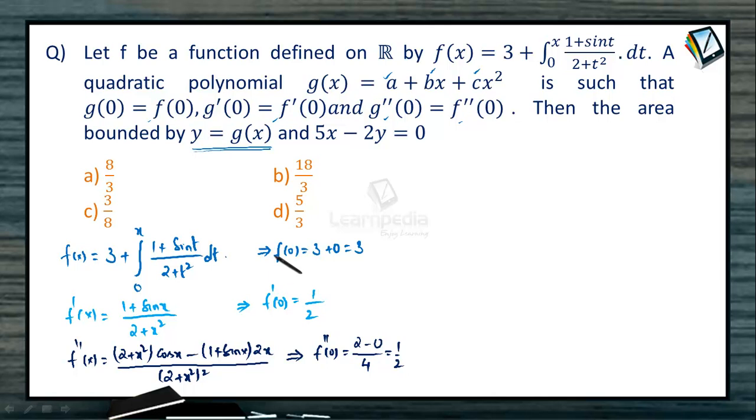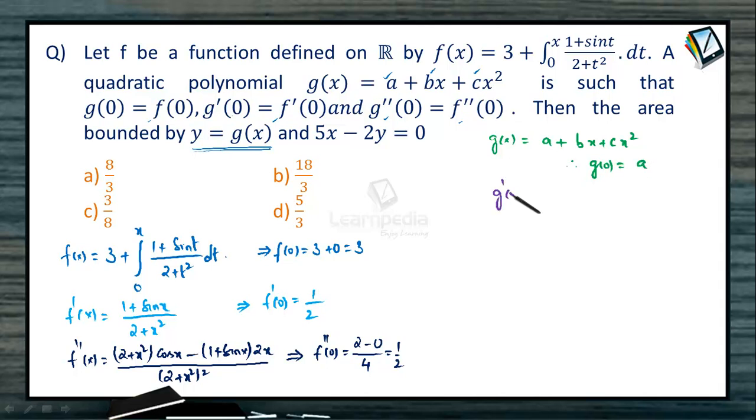Now we got f of 0, f dash 0 and f double dash 0. But these values must be the same as those of g of 0, g dash 0 and g double dash 0. So let's consider g of x also. The function g of x is a quadratic, a plus bx plus cx square. So what is g of 0? Yes, it is a.